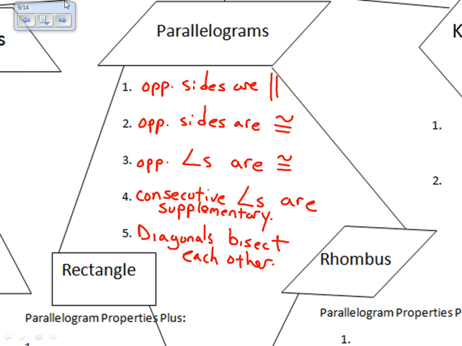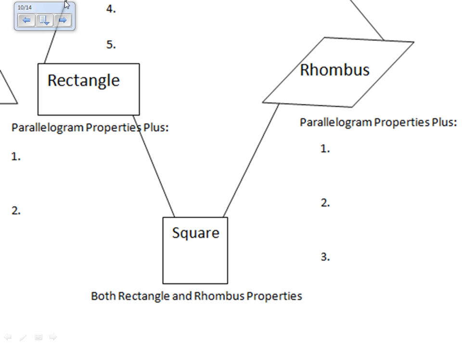We did those, okay? What's new now, can I move on? What's new is these guys. So notice, trickle-down effect. Parallelogram properties plus. So are the 5 that we just did, are they still true for the rectangle? Yes. So they're trickling down, okay? But there are 2 new ones.